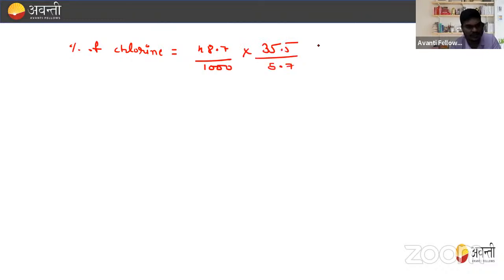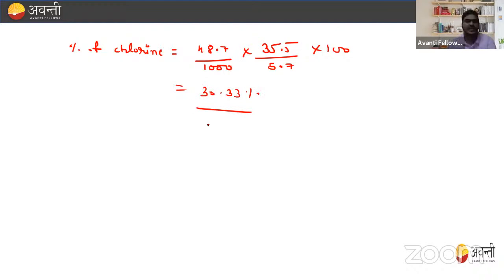So what is the percentage of chlorine? Percentage of chlorine is equal to 48.7 divided by 1000, into 35.5, divided by 5.7, into 100. So on solving, you get 30.33%.